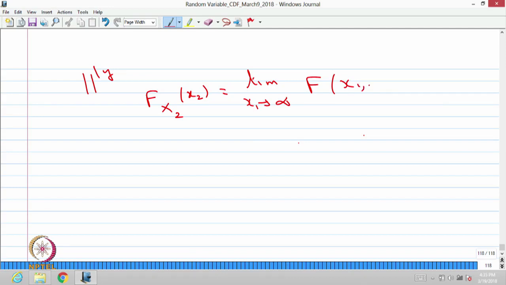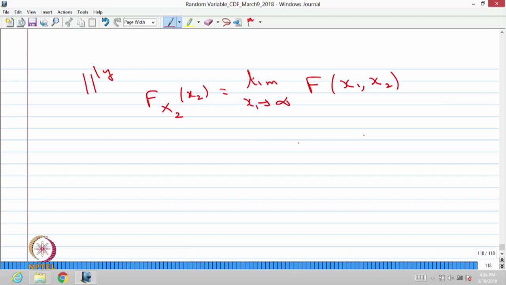Similarly, the CDF of the random variable X2 as a function of small x2 is the limit as x1 tends to plus infinity of the CDF evaluated at the point x1, x2. So this is valid for a two-dimensional random variable.